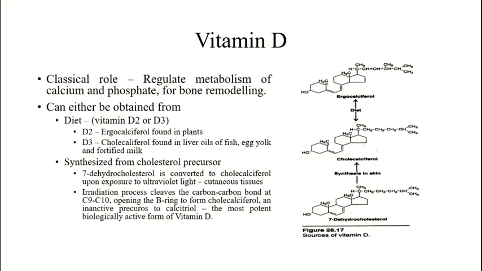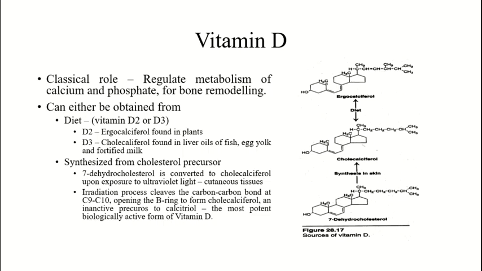The D2 form of vitamin D, or ergocalciferol, can be found in plants, while D3, cholecalciferol, can be found in liver oils of fish, egg yolk, and fortified milk. Now, D2 and D3 are not the biologically active form, but they are converted in vivo to the active form.